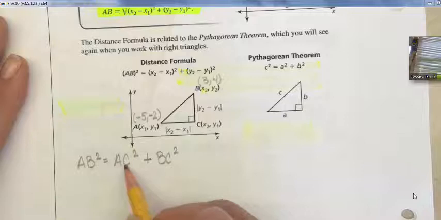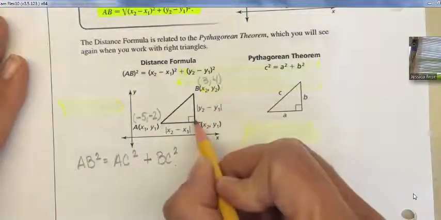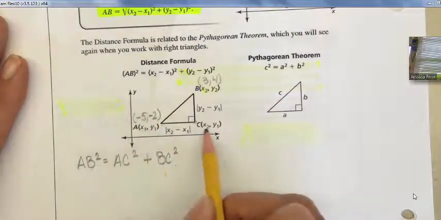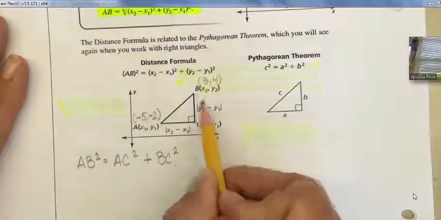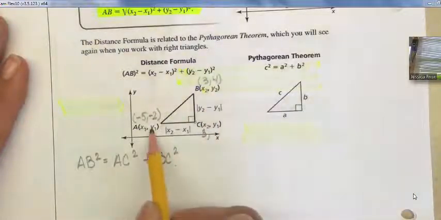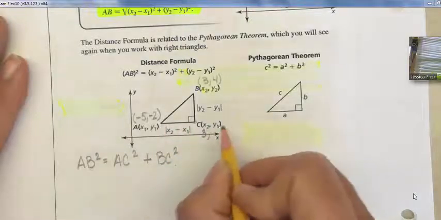Well, I don't know AC and I don't know BC. So what I need to know here is what is C? Well, C truly is this X value that's right above it, 3, and this Y value that's on the same level, which is -2.